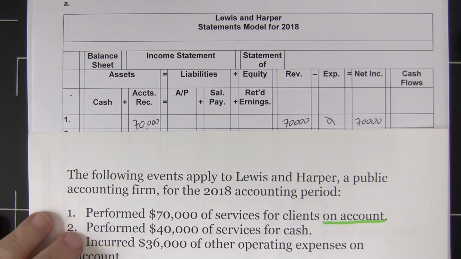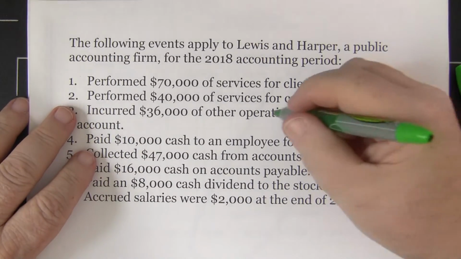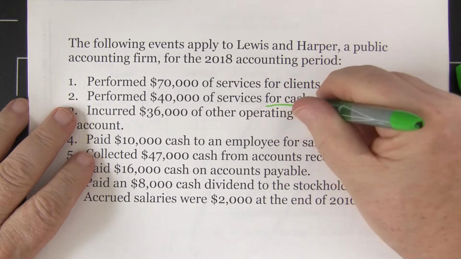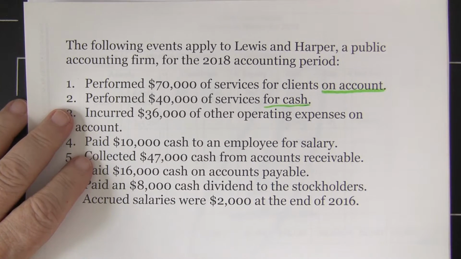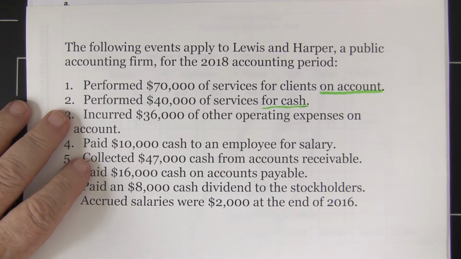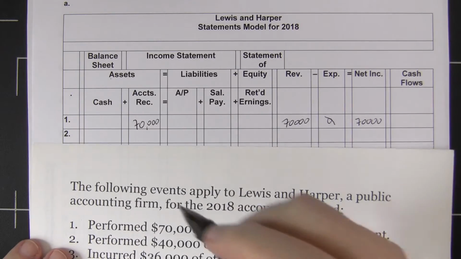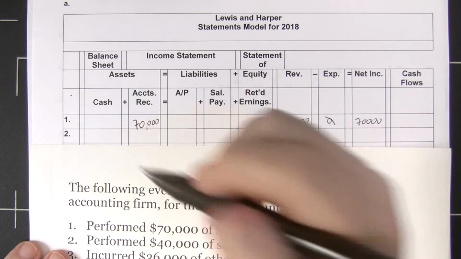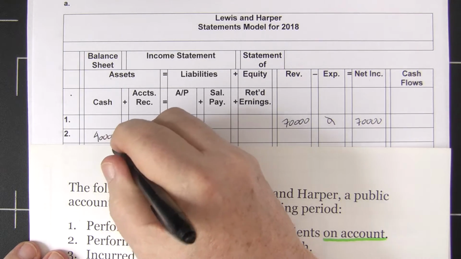The next thing they tell us is they performed $40,000 worth of services for cash. So this isn't on account, this is cash. We actually got this money. So our item of value that we earned was cash, $40,000.